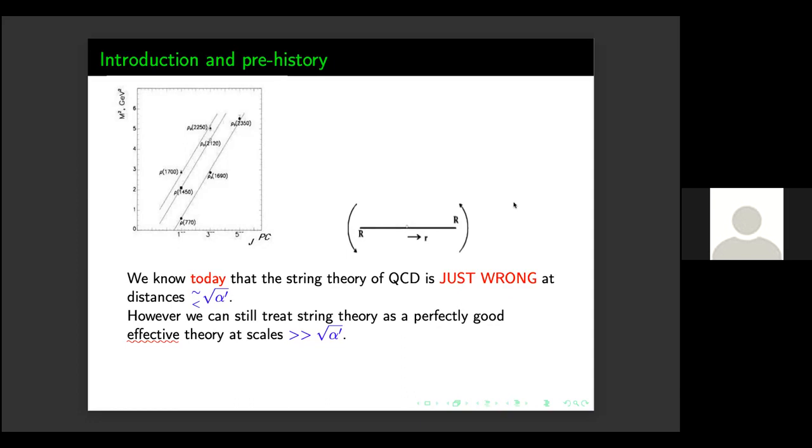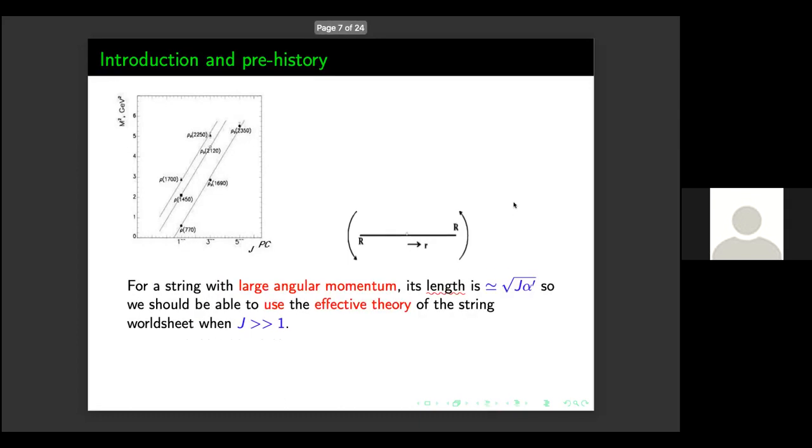But we can still treat string theory as a perfectly good effective theory on scales longer than that. And that's good because many interesting things happen on those scales. For a string with large angular momentum in particular, the length goes as root J alpha prime. So we should be able to use the effective theory of the string world sheet when J is much greater than 1.